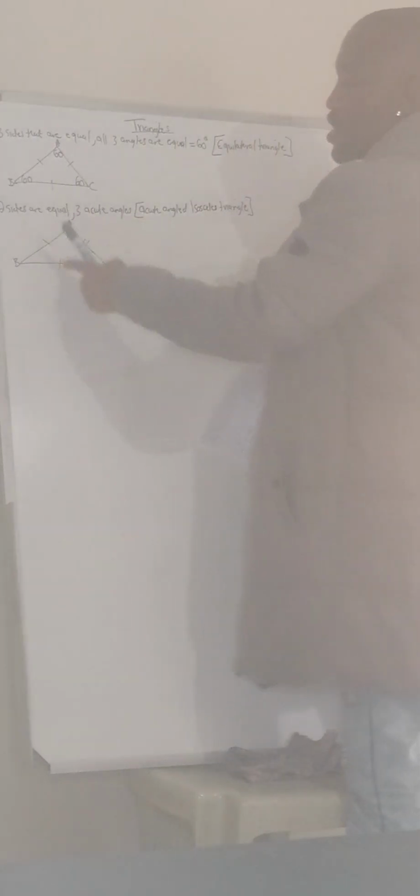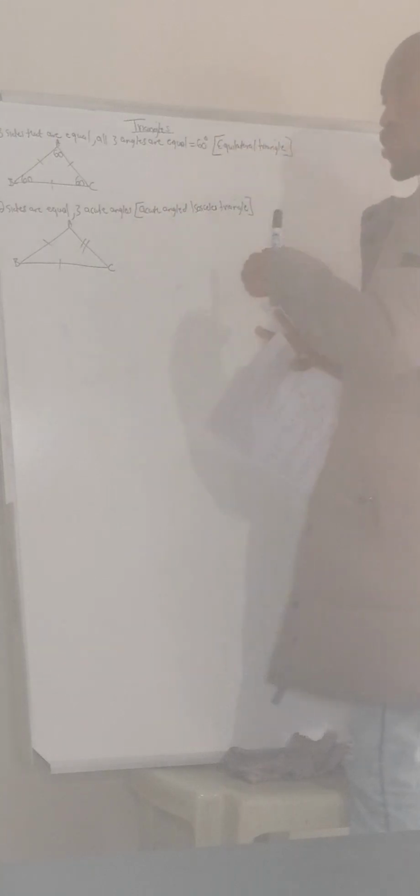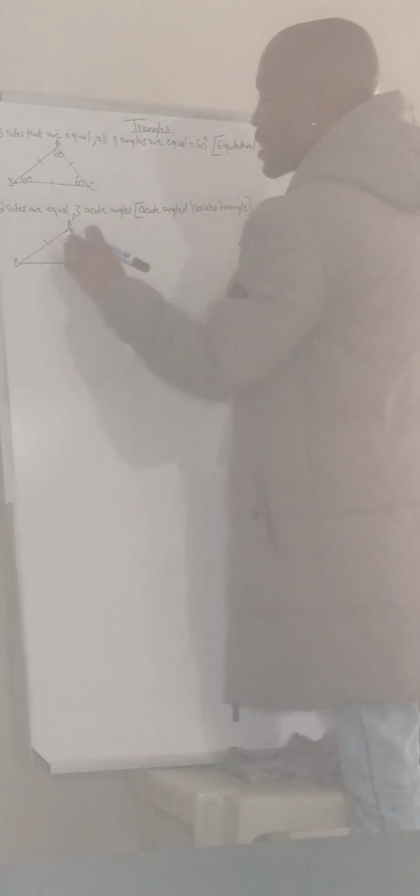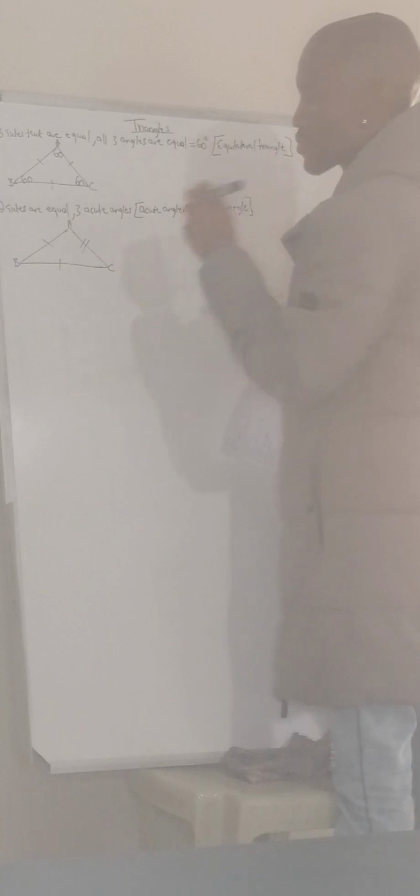If 2 sides are equal, 2 angles are equal. Suppose one angle is 60, then the other could be 30, but then the third would be 90 or over 120, and that angle would be greater than 90, so it would not be acute. So suppose the angle is 50.